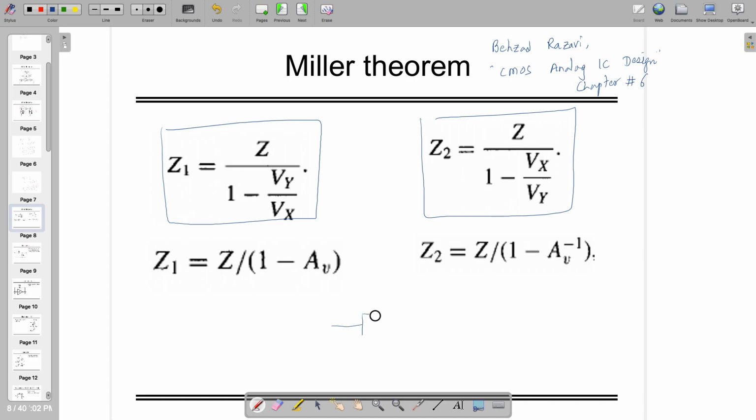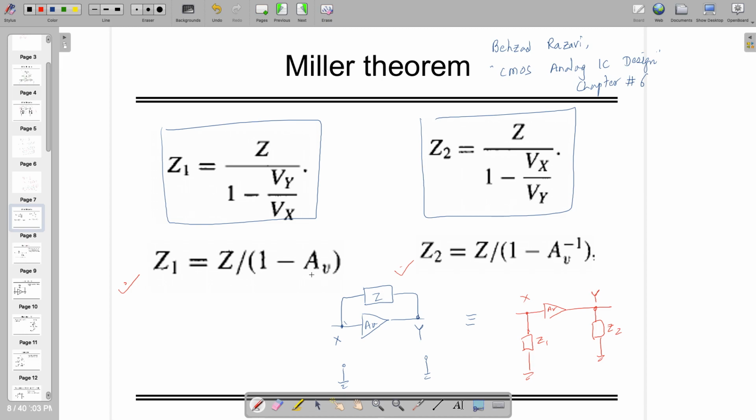If there is a gain from point X to point Y, and if there is an impedance connected in between, you can actually decompose it as follows, where Z1 and Z2 are now the known quantities from here, and AV is the gain.